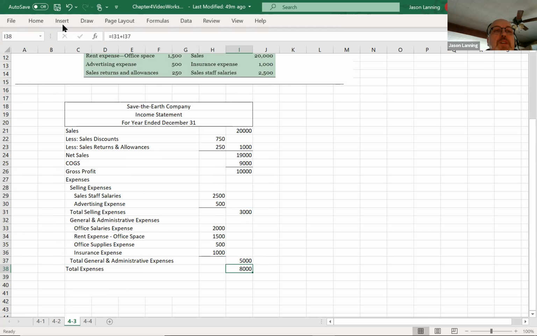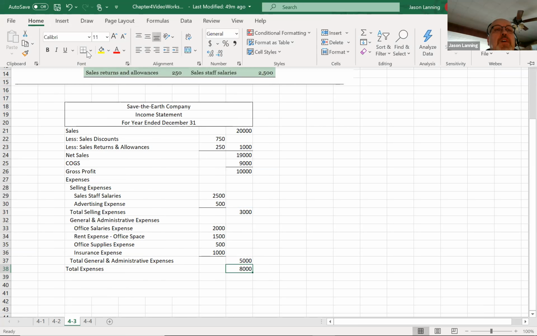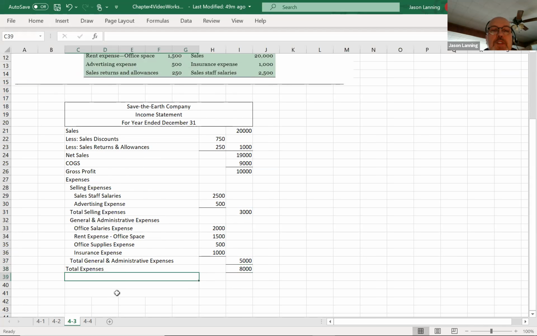Now that we know the total expenses and we know our gross profit, all we have to do now is net income. Net income is our gross profit minus total expenses.